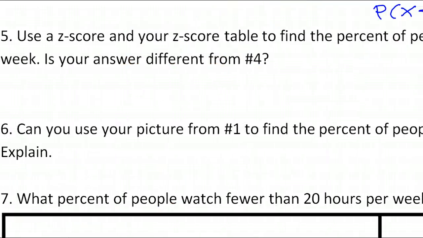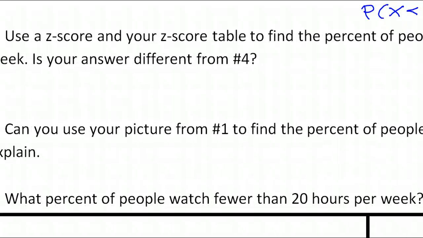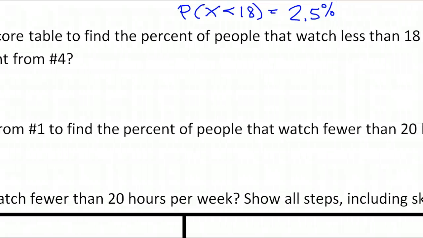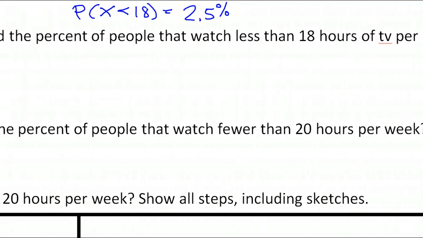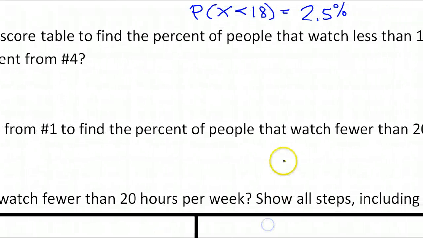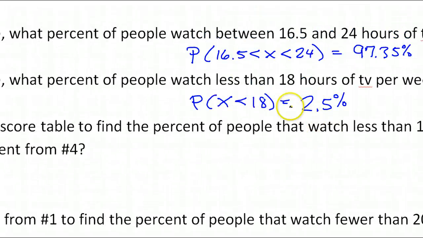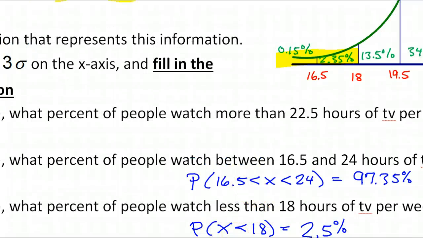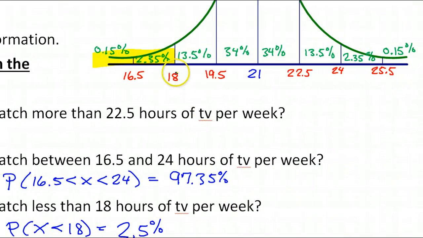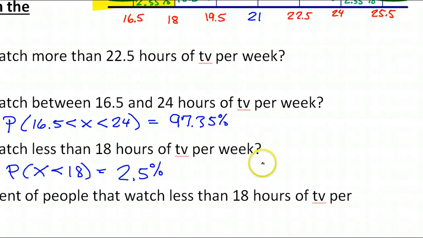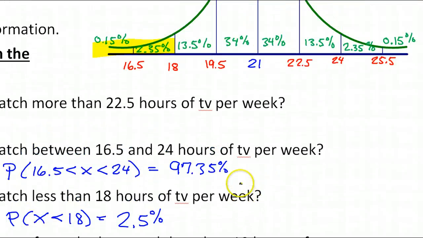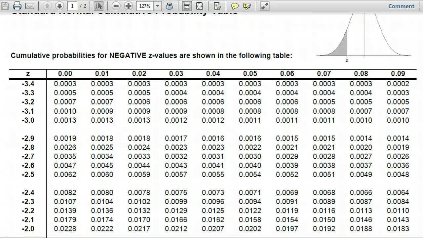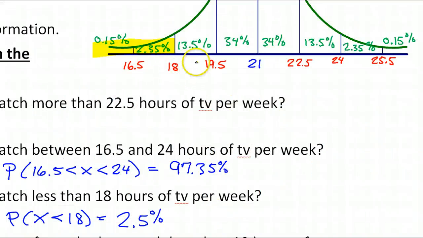Number 5 is asking us to use a z-score and a z-score table to find the percent of people that watch less than 18 hours of TV per week. We already know that the answer should be 2.5 based on the analysis we just did, because 18 happened to be an even value. In the past, we've been using z-scores and the z-score table when the values are in between these numbers, when it doesn't turn out to be an even standard deviation.